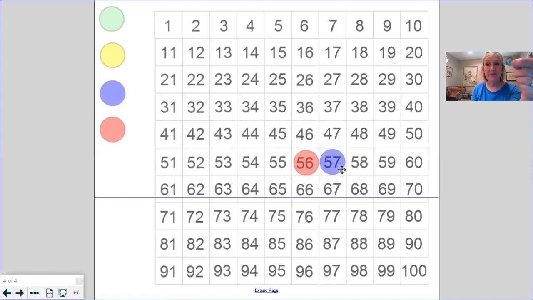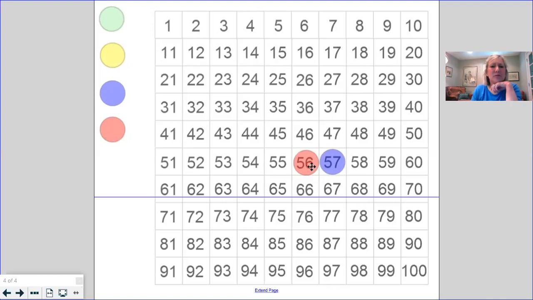That's my penny. Okay, so if I want to find one more than a number on the hundreds chart, I find the number I'm looking for, and then I move one to the right to know what is one more than that number.